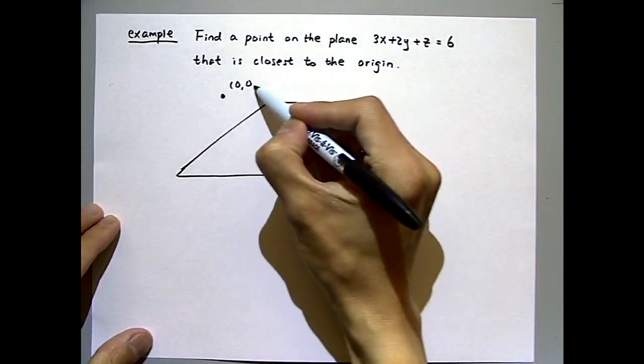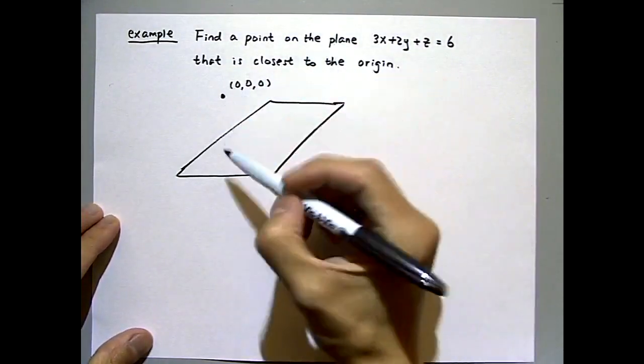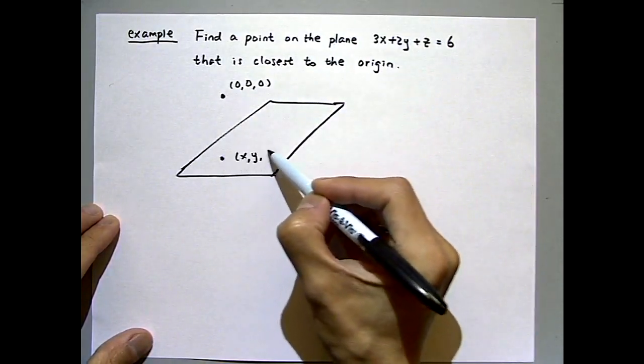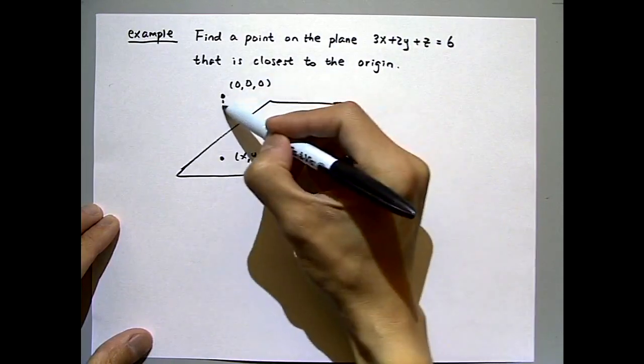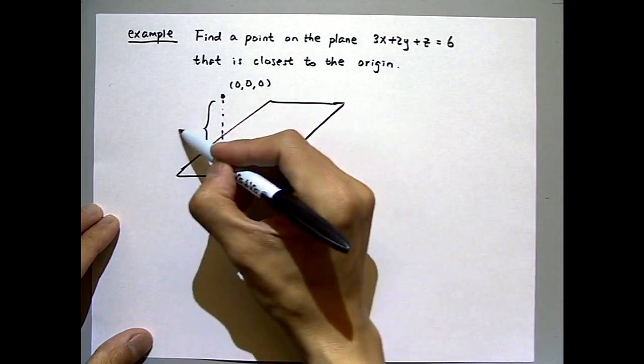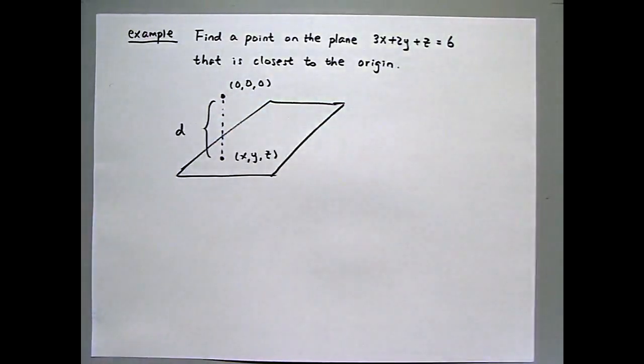This is our origin, and some point on this plane, call that (x, y, z). And if you calculate the distance, call that D, that point will give you the smallest distance among all the other points on the plane.